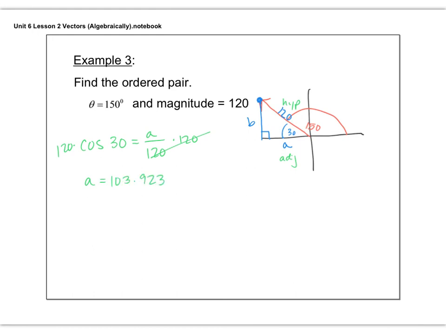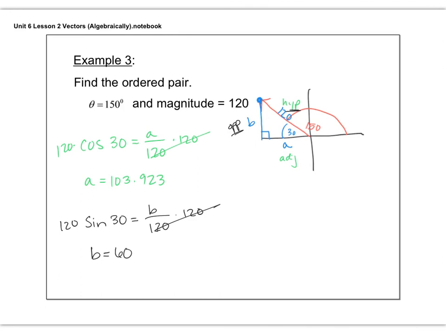Now I'm going to find B. B would be opposite of our angle. So opposite and hypotenuse is going to be sine. So sine of 30 equals B over 120. Multiply by 120, and then type that in your calculator. B is 60.